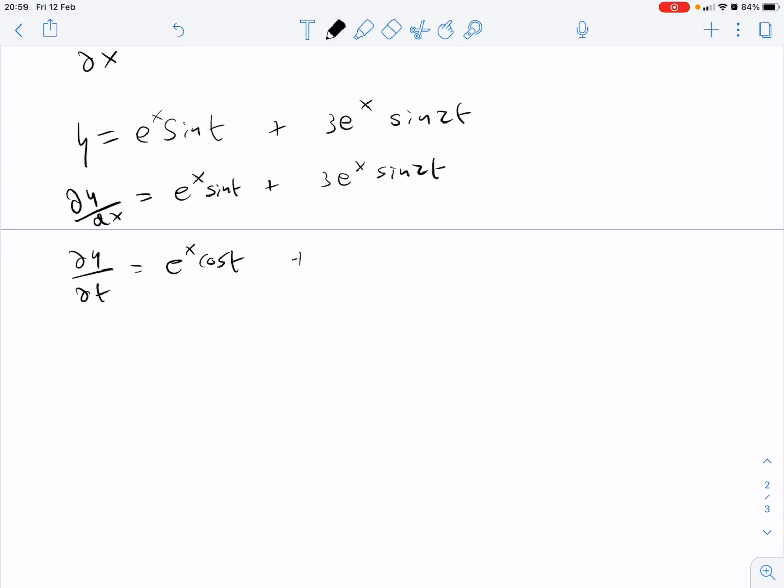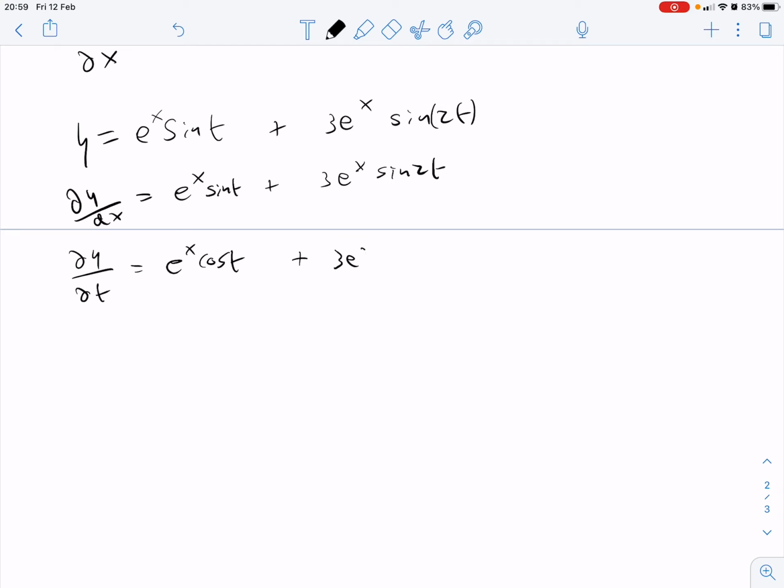And now sine 2t. When we differentiate that, because it's a sine 2t, we're not dealing with just sine t. So we just have to apply the chain rule, and that's it. Whatever's inside the brackets, we take that out first.